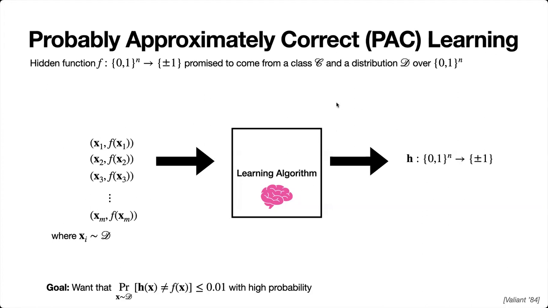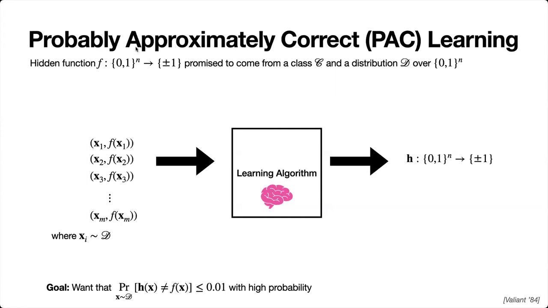And you would like it to be the case that with high probability over the random examples, the hypothesis that's output differs from the function on a small percentage, only let's say 1% of the inputs as drawn from the distribution, right? So this is where the name comes from. We want it to be probably approximately correct.